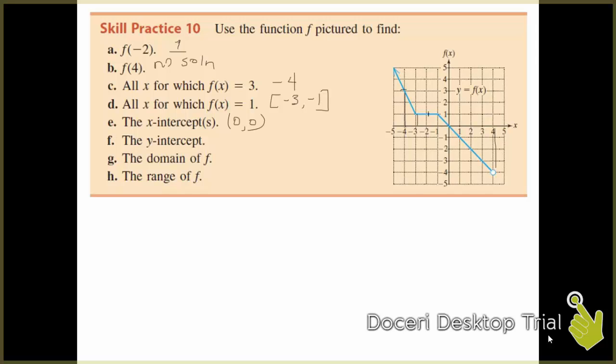The y-intercept is also at 0, 0. The domain of f, x is -infinity to 4, but it doesn't include 4. And the range is from -4, but it doesn't include that, to positive infinity, like that.